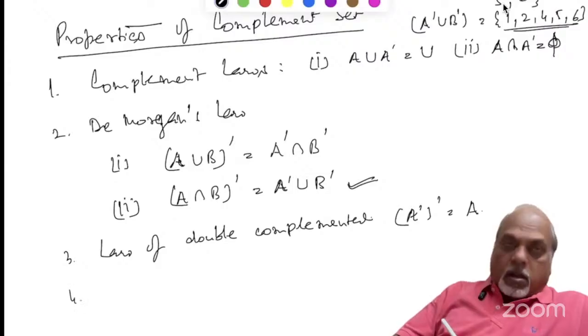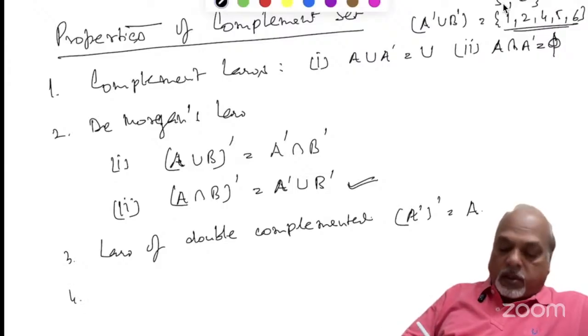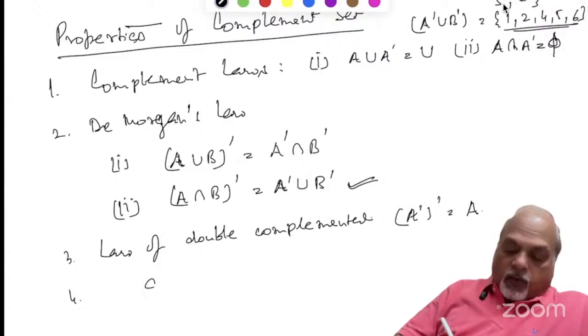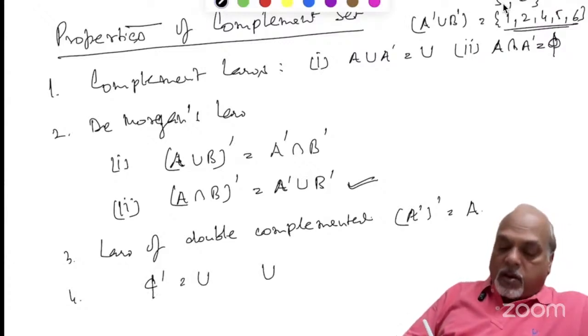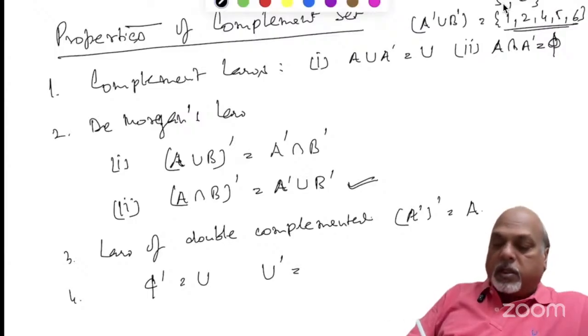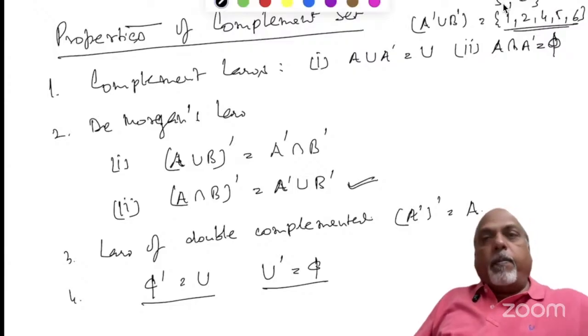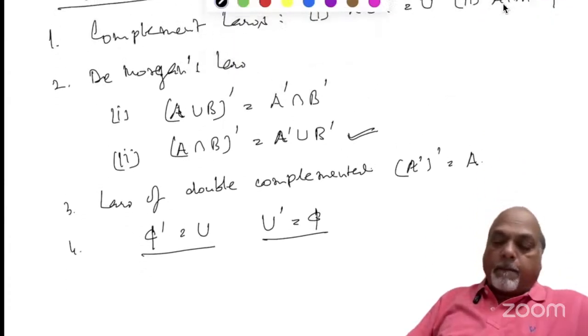Then the law of empty set and universal set, that is phi dash is nothing but the universal set, and the complement of the universal set is nothing but phi. These are quite natural. Correct. So this is the complete chapter of sets. Correct.